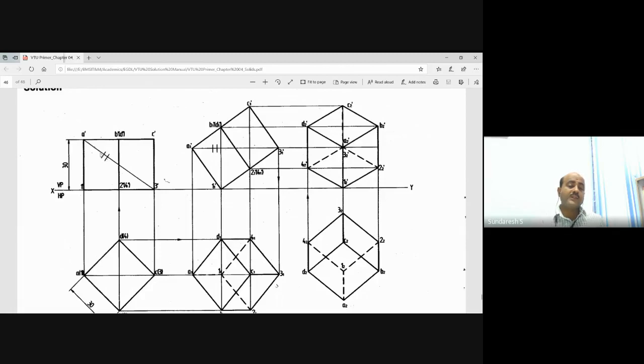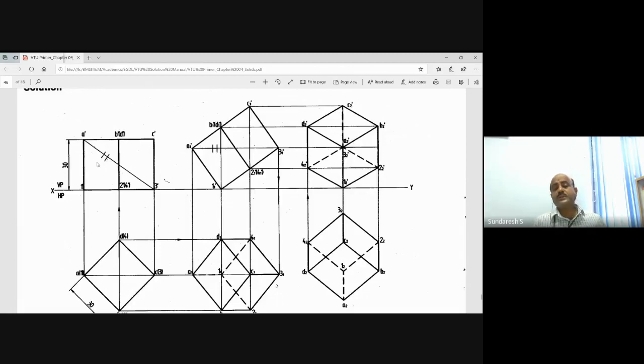Now we have to make this solid diagonal perpendicular to VP. To satisfy that condition, first you have to make that solid diagonal parallel to both VP and HP, and later we will tilt the solid such that the diagonal is inclined until it becomes perpendicular to VP.